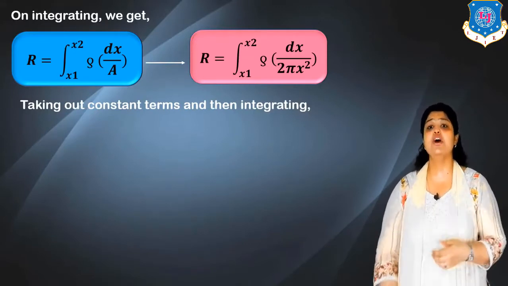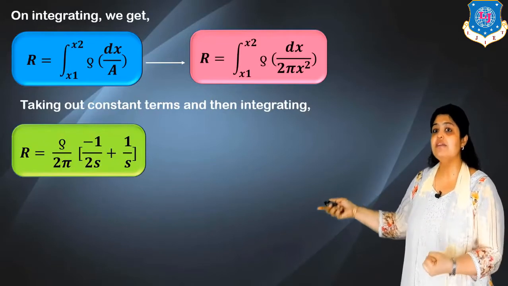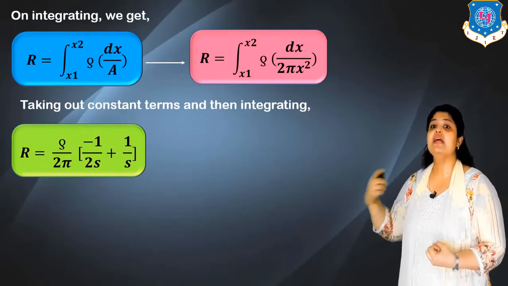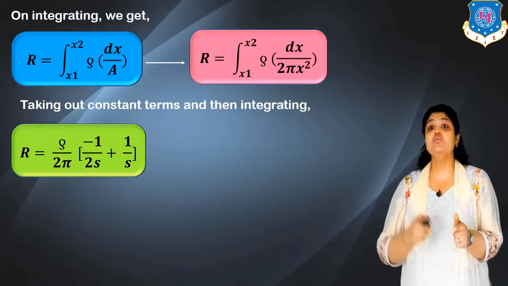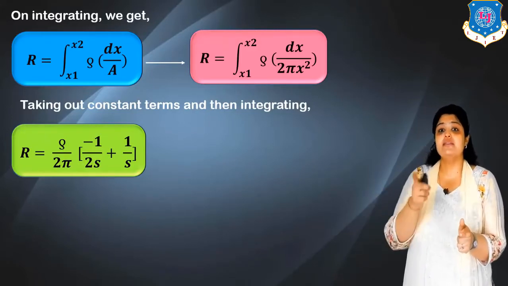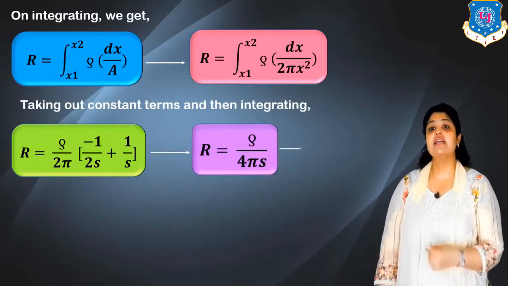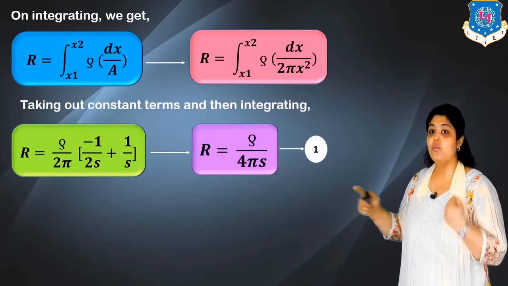So rho upon 2 pi is a constant which is taken outside, and we get minus 1 upon 2s plus 1 upon s, because x1 is equal to s and x2 is equal to s plus s, that is 2s. So this gives us the answer R equals rho upon 4 pi s. We call this equation number 1.